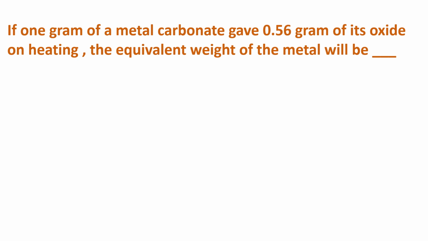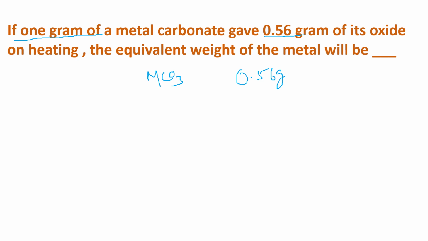Similarly, let's go to the next problem. Here 1 gram of metal carbonate, we don't know the metal, that is MCO3. The metal carbonate gave 0.56 grams of its oxide on heating. The equivalent weight of the metal will be what?